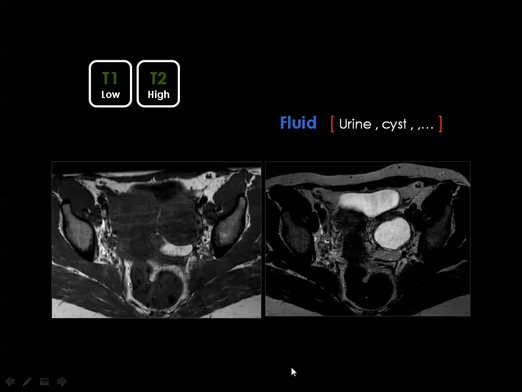The bladder is taken as an example, and you see the fluid in the T1 weighted images is black, while in the T2 weighted images it is white. Then a cyst in the ovary containing fluid similar to that in the bladder will appear black in the T1 and bright in the T2 weighted images.